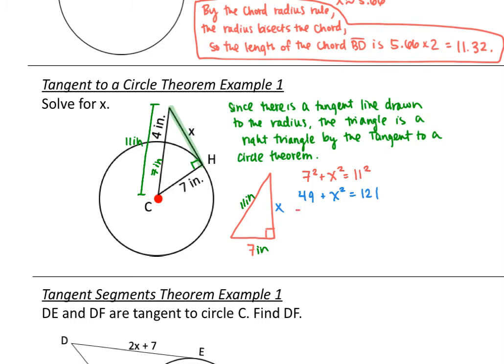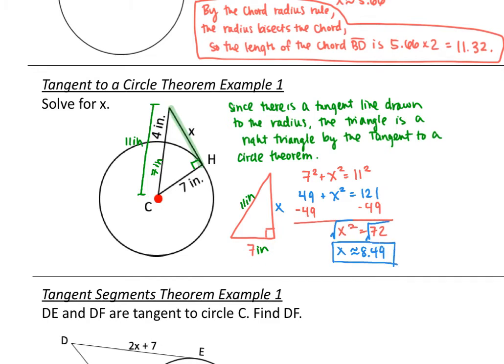Now I'm going to subtract 49 from both sides. So I have x squared equals 72. And then we're going to take the square root of both sides. So about 8.49.